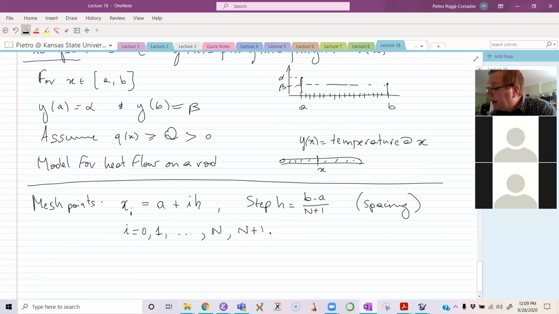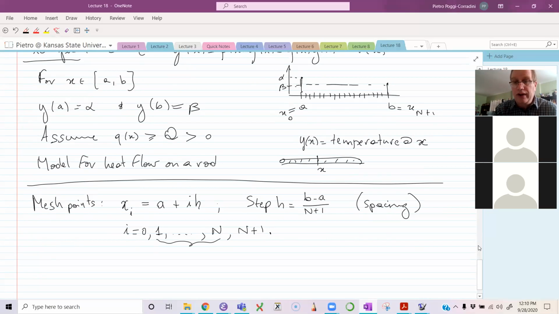So basically b is x sub n plus 1, and a is x sub 0. So I kind of rigged it up so that the range 1 through n corresponds to these interior nodes inside the interval. And then 0 and n plus 1 are the boundary nodes. That makes sense?